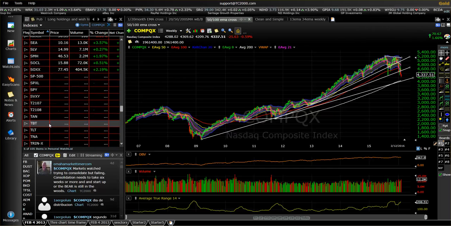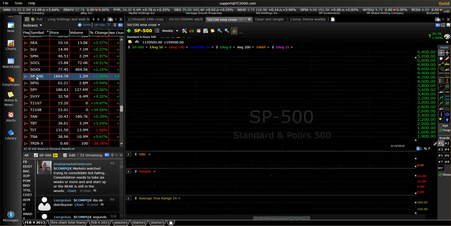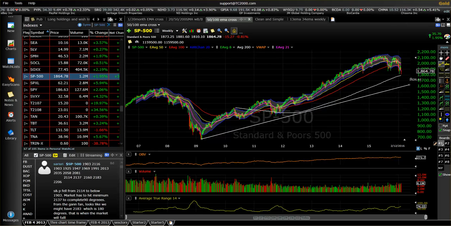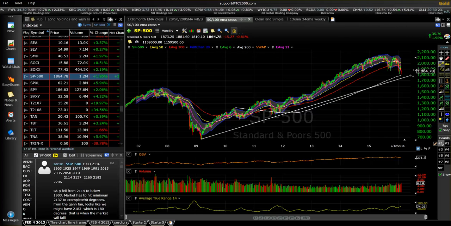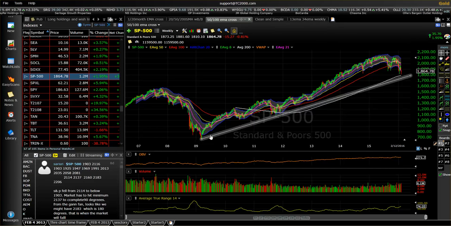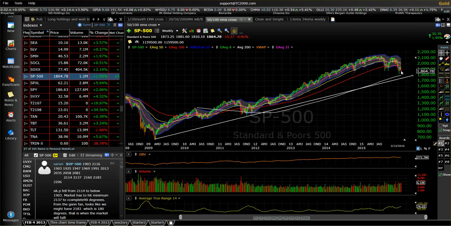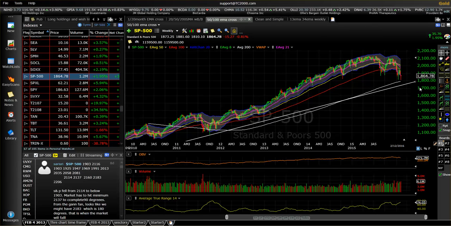Let's take a look at the S&P 500. Clearly, even without any technical skills whatsoever, someone could look at this chart and say we are in a long-term uptrend. Currently in a short-term downtrend that's about to test the long-term trend.